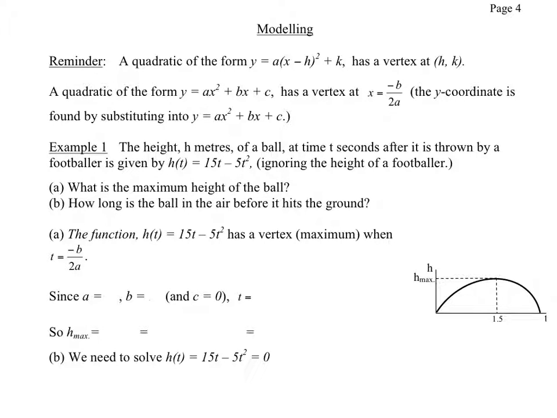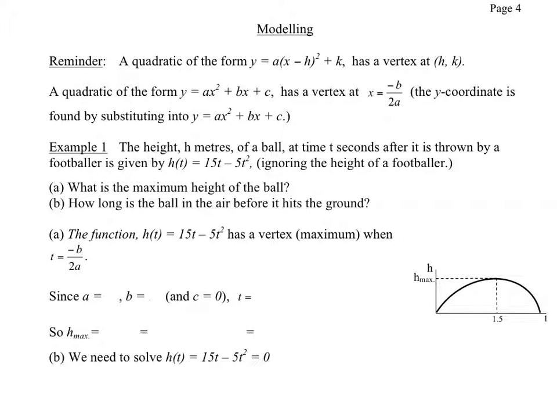So first, we need to find the x-coordinate of this point. Now we've written t equals negative b over 2a, but that's really t just playing the role of x. So if we do the calculation, we have to be careful about what our a and our b are here.